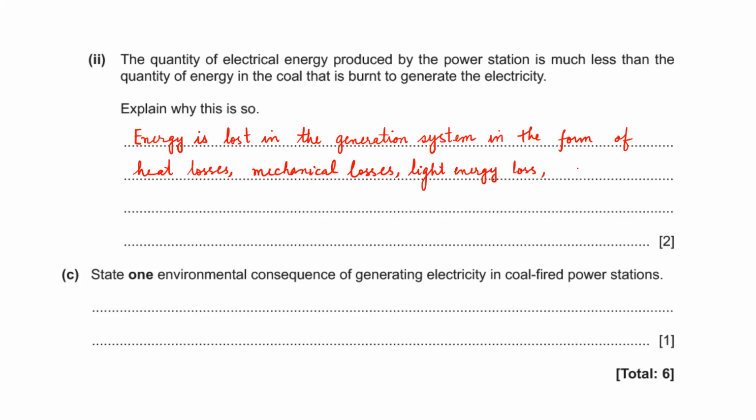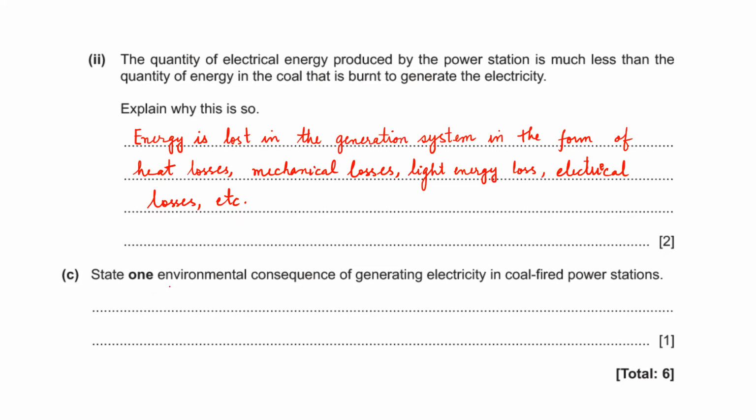Even when you convert it into electricity, there are some losses, or you can call it electrical losses in the generators, etc. And then there are other heat exchanging losses, or losses via tubes and pipes. A lot of energy is lost in the generation system in the form of heat, mechanical losses, light energy loss, electrical energy losses, etc. So this is why the overall efficiency of the system decreases.